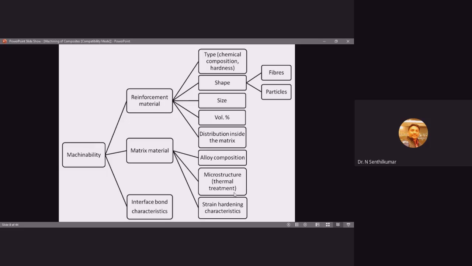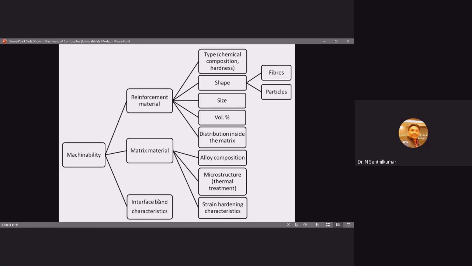It all depends on three important factors. Everyone will be looking at only two factors: one is the matrix material and the other is the reinforcement material. But one more important aspect is the interface bond characteristics. If the particulates that we are going to add are in the middle of the grains, then it is well and good.